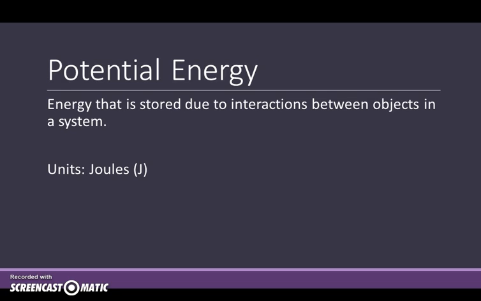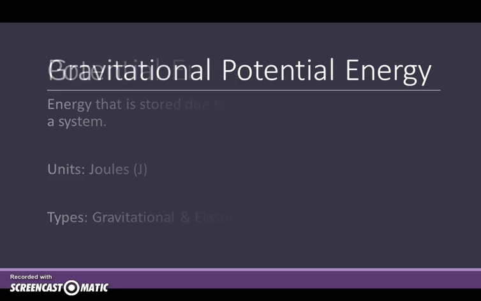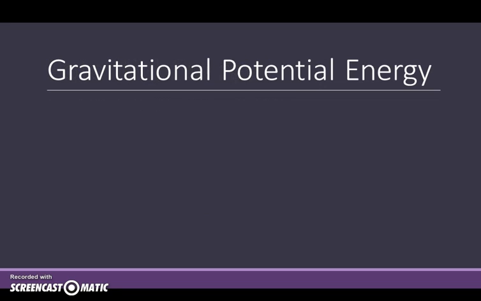So units, again, we're still in energy. We're still thinking joules here. And there are 2 types of potential energy. There's gravitational and elastic. For this course, we are only covering gravitational potential energy, or GPE for short. So gravitational potential energy, GPE, it's because of gravity. So again, you have to have a height. That's very important for this.